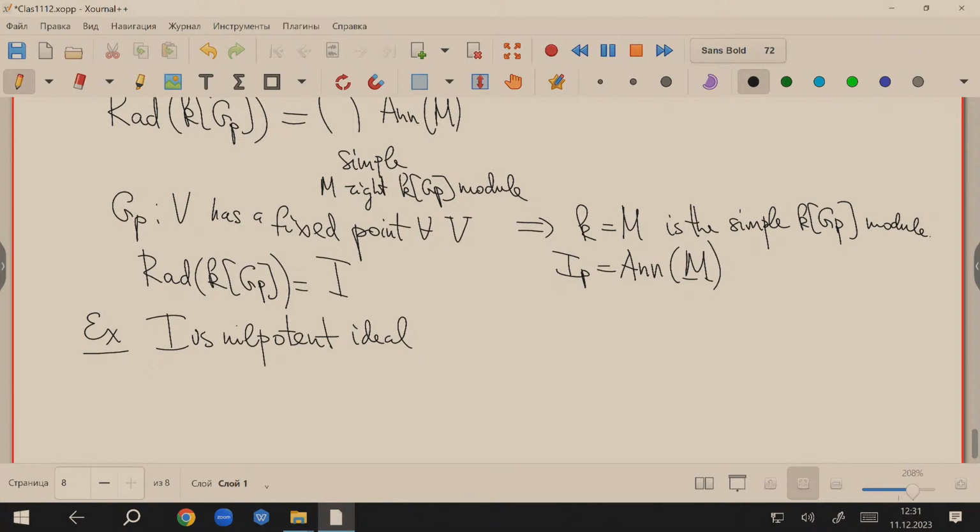But from the viewpoint of nilpotence for ideals, you should consider the big power of I, meaning that whenever you take any n elements from this I, and you take a sufficiently large product, then this is zero.